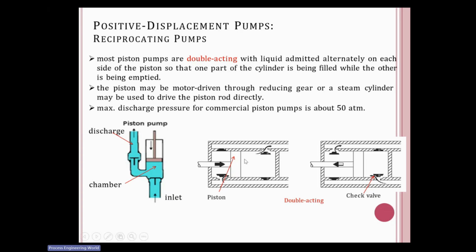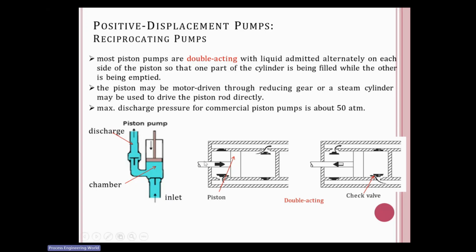First of all, what we saw was the single acting piston pump. Here we are seeing the double acting piston pump. Double acting piston pumps mean that at the same time you will have suction, and at the same time you will have discharge.